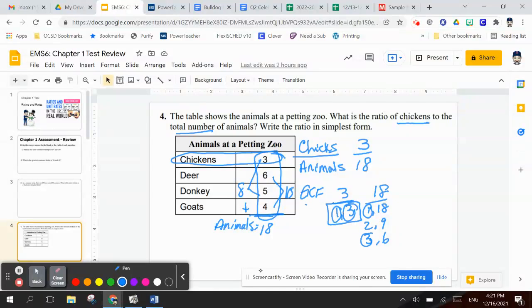So the greatest common factor is 3. So I'm going to divide each part of my ratio by that greatest common factor. So 3 divided by 3 is 1. 18 divided by 3 is 6. There's my new ratio. Or you can write 1 to 6 or 1 colon 6.